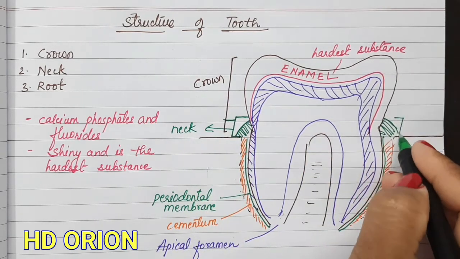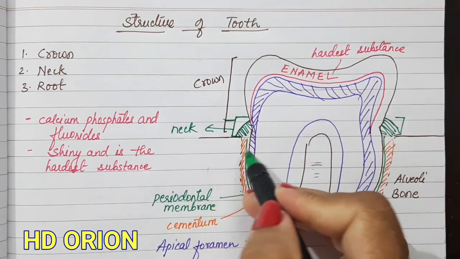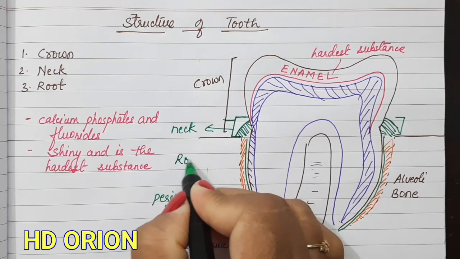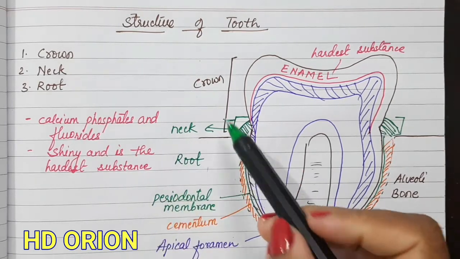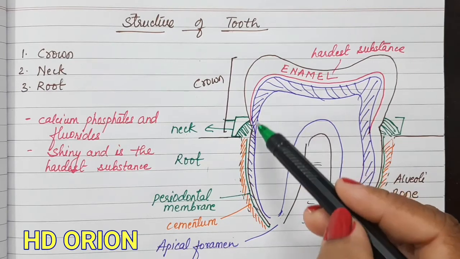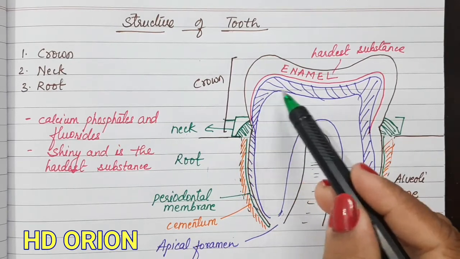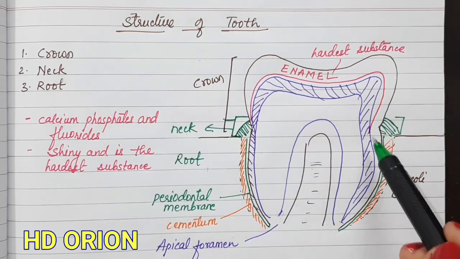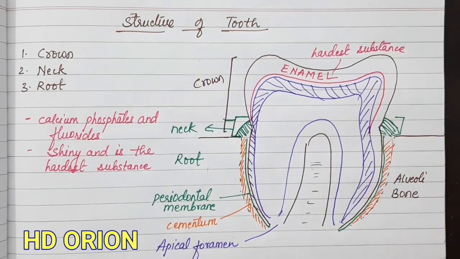So this portion is the neck region. And what is present below the neck is the root. So the three parts of the tooth are crown, neck and root. So you can see that dentine is present in the entire structure of the tooth, in the crown, in the neck region as well as in the root region.